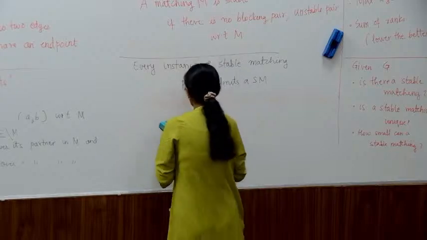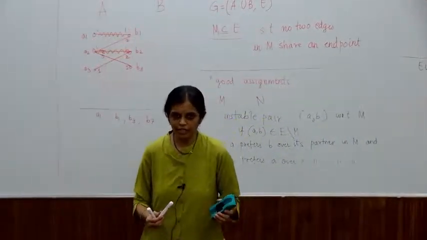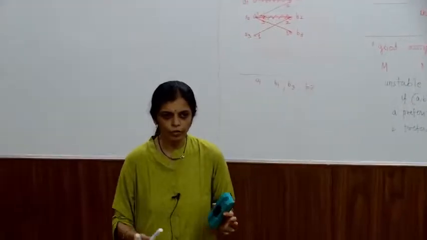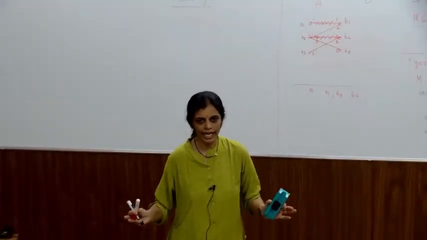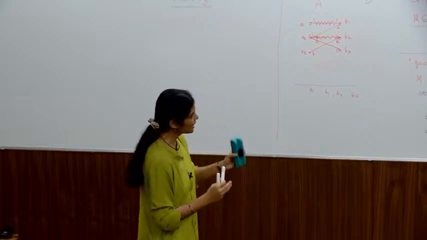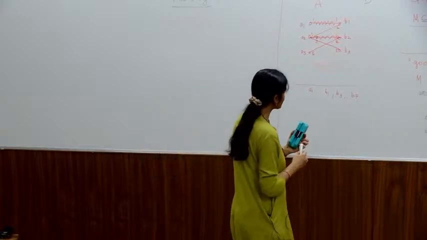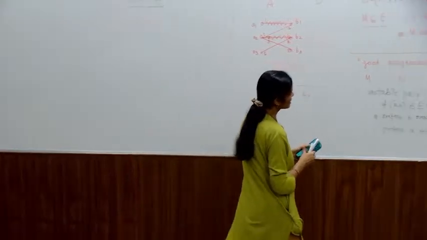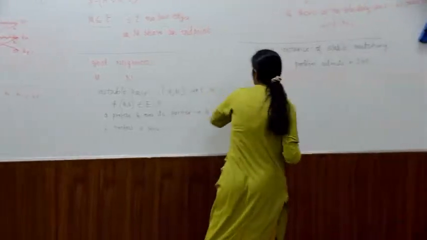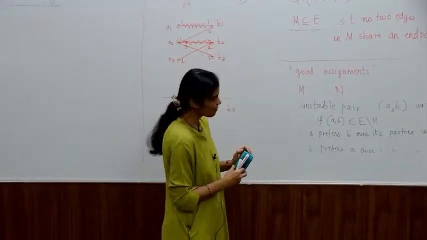Whatever preferences you give, the two sets can be unequal, whatever edges you give, and you rank them in any adversarial way, every instance admits a stable matching. Instead of just giving an existential proof, we will give an algorithmic way of constructing a stable matching.